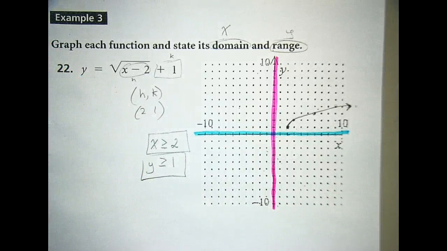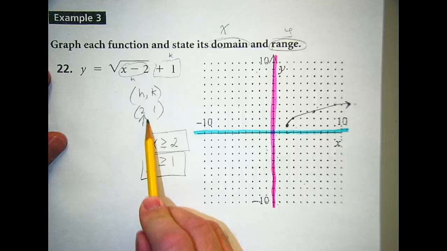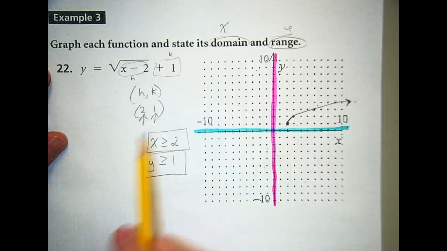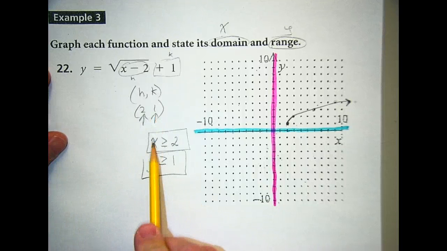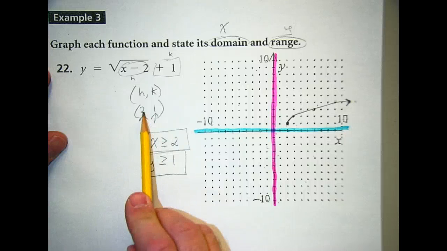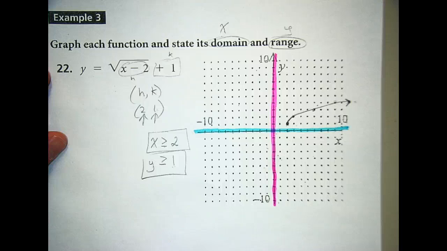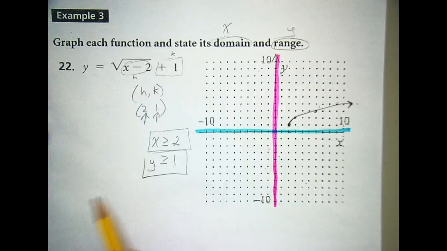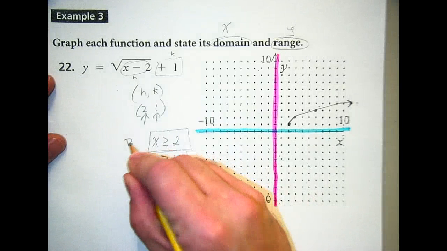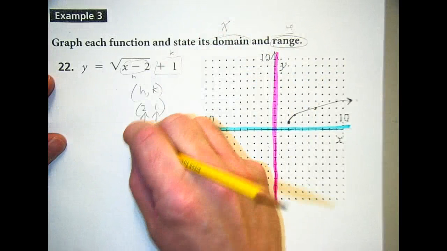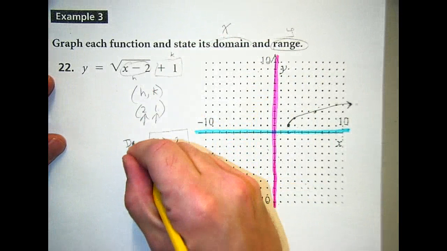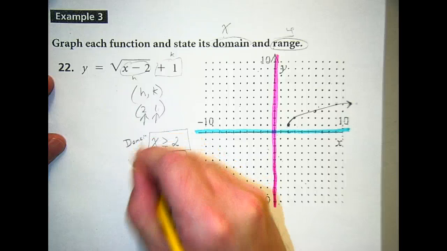Now, you'll notice that 2 and that 1 could also be found right there. Right? When x is equal to or greater than 2, and y is equal to or greater than 1, you've got domain and range. Okay? Yes? So will it always be equal to or greater than, since we're only graphing the positive?